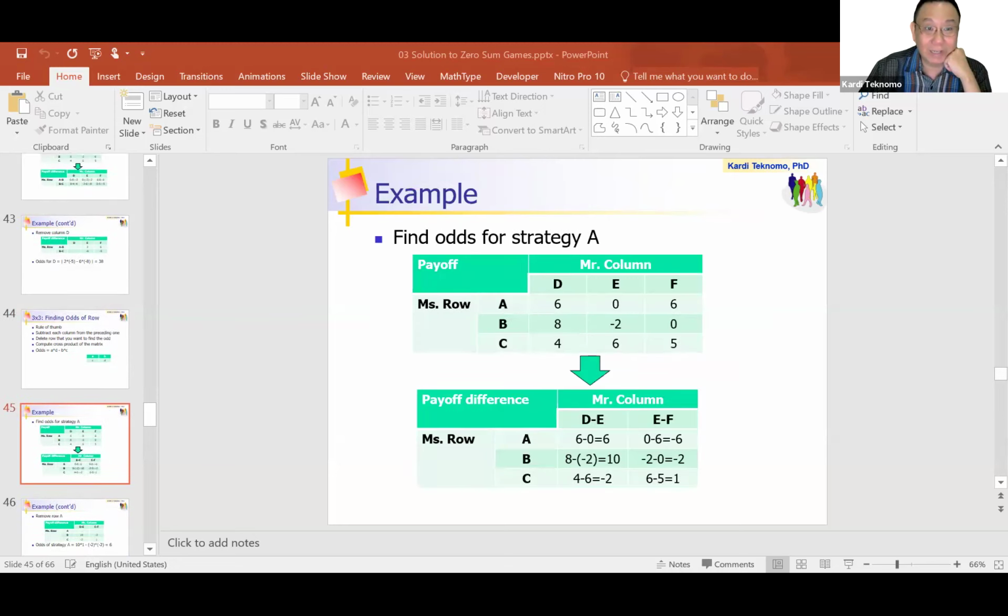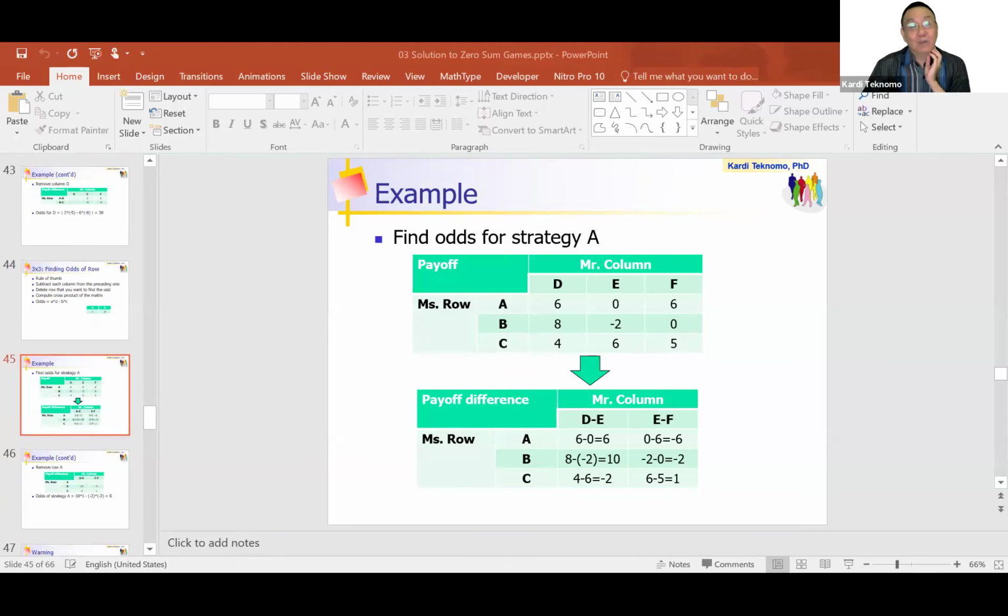Okay, so again, example. So here you want to find the R for strategy A. What you will do first, you find the difference: D minus E and then E minus F. So these are the differences, right? So you see here, 6, 10, minus 2, 6, minus 6, minus 2, and 1. So suppose you want to find R for strategy A. In this case, row A you delete.